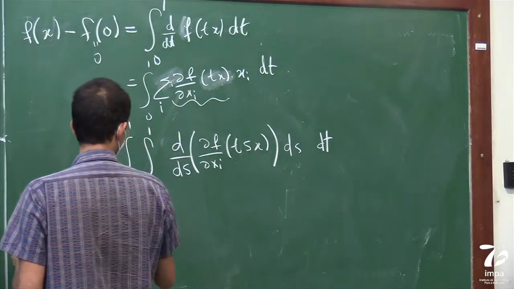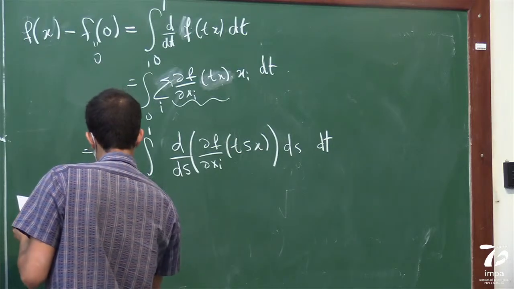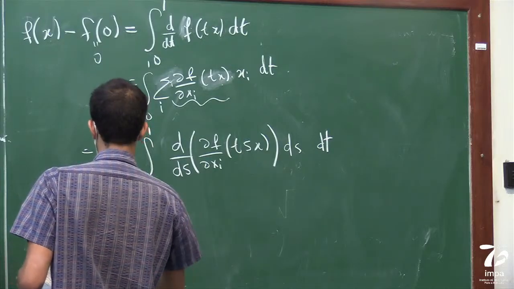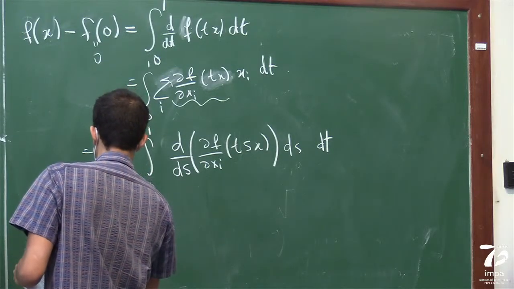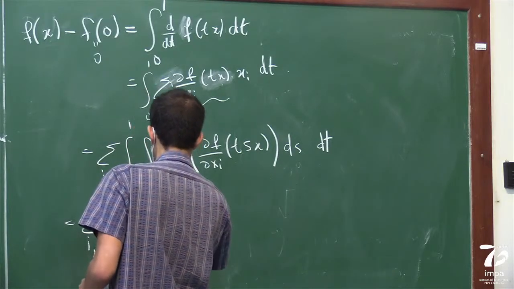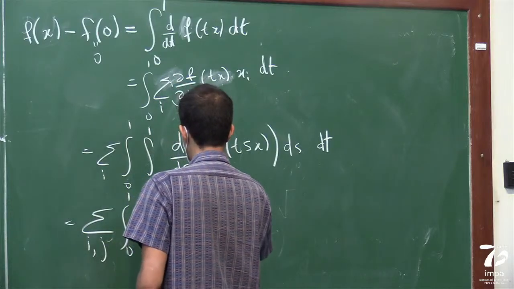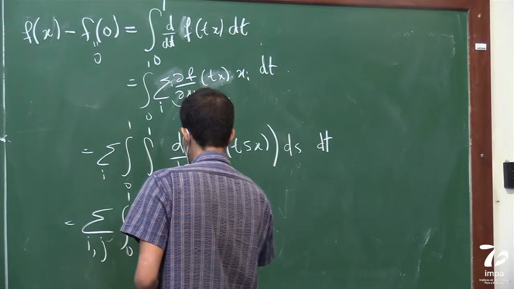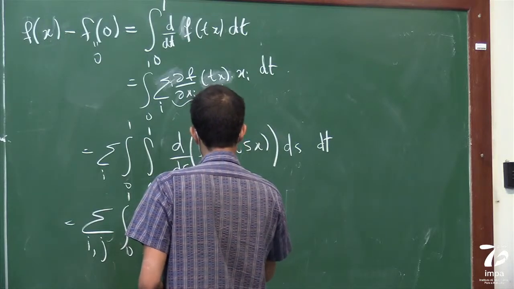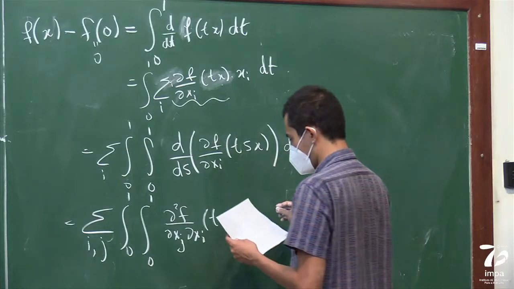So this will be the integral. I guess I can just put the two sums here. So this is going to be the sum over ij, and then I have the integral from 0 to 1, the integral from 0 to 1, of d2f dxi dxj of tsx, and then times the derivative of this with respect to x.